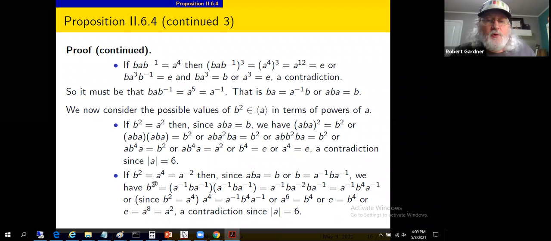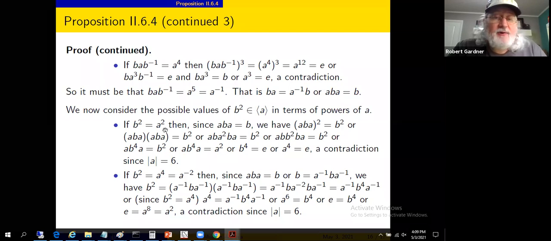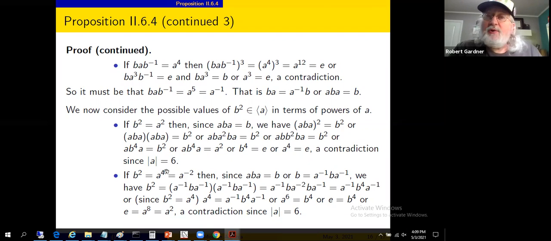B to the fourth is the same as A to the 8th. Square both sides here. Replace the B to the fourth with an A to the 8th, and we get the identity equals A to the 8th. But the order of A is 6, so A to the 8th is the same as A squared, and A squared doesn't equal the identity. A is an element of order 6. Okay, so B squared is some power of A, and that power isn't 2 or 4.